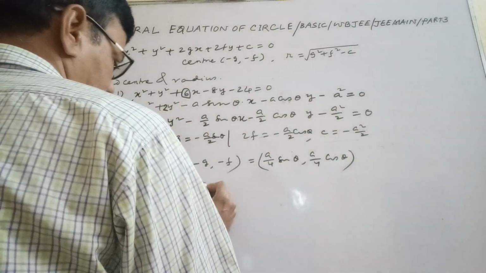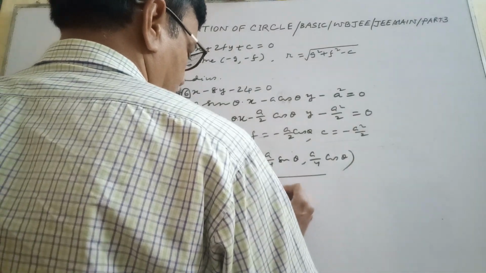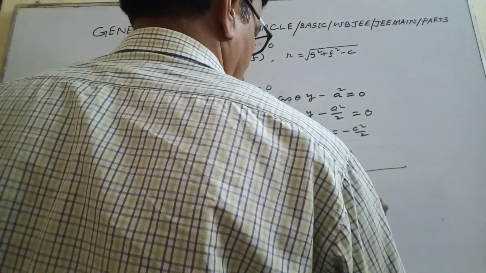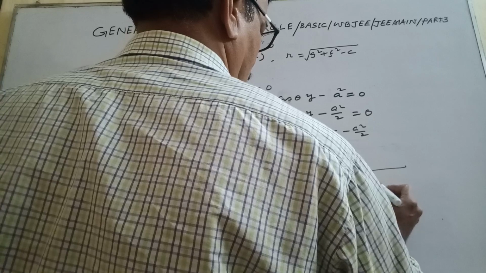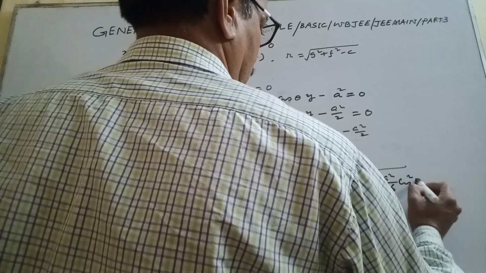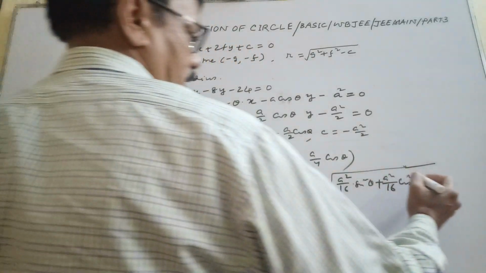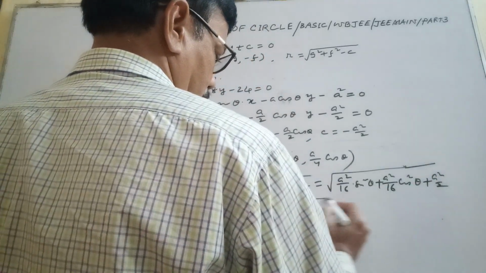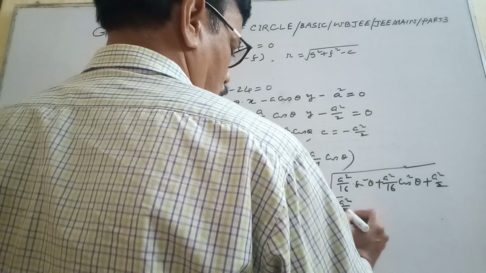And what is radius? Radius equals to root of g square plus f square minus c. So a square by 16 sin square theta plus a square by 16 cos square theta minus c. What is c? c is minus a square by 2. So this is a square by 16 plus a square by 2.